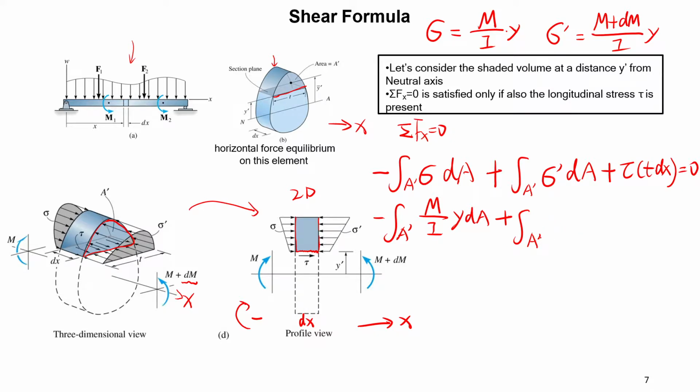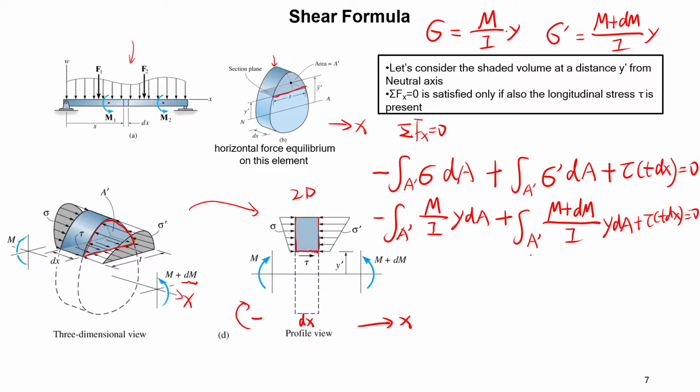So let's write that as M plus dM over I, y dA. And we still leave that shear part here, we don't touch it, equal to 0.